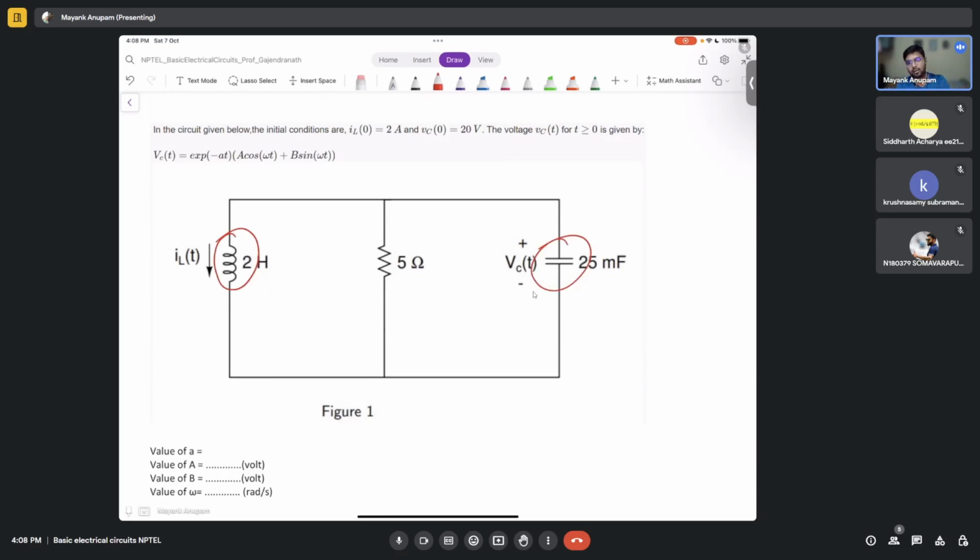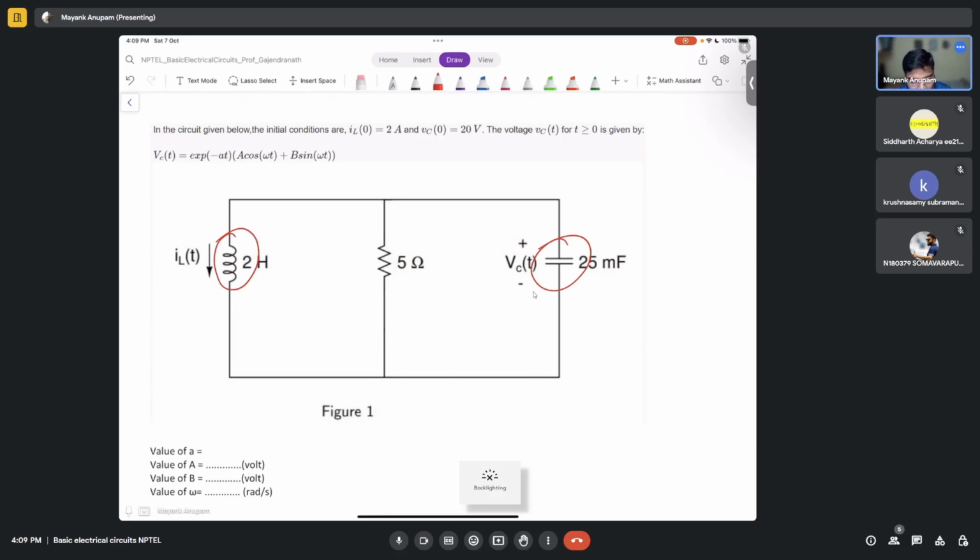Because they contain memory. This is something you have already seen earlier, that for an inductor and capacitor, the voltage or the current passing through it is dependent upon the past values of voltage and current. That is why it is called a memory element.